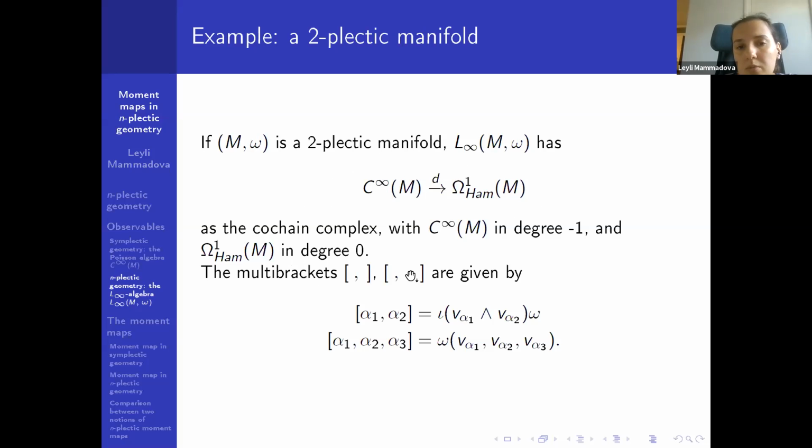There are two multi-brackets now, the binary bracket given by this, and the ternary bracket.